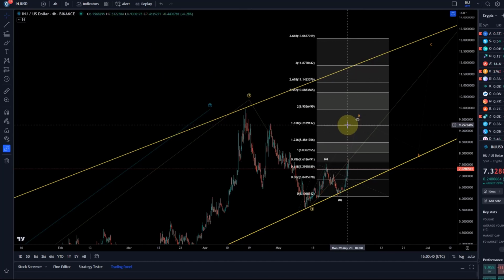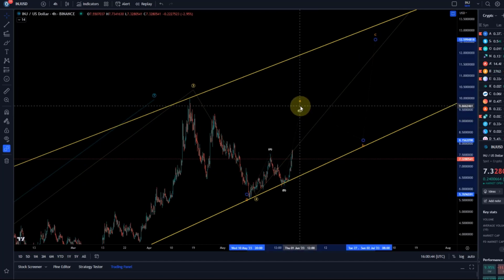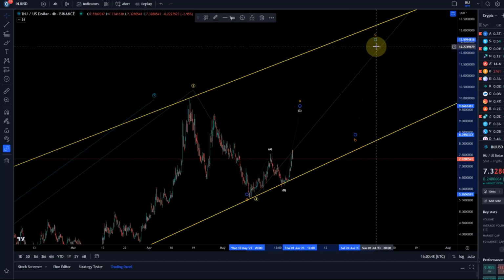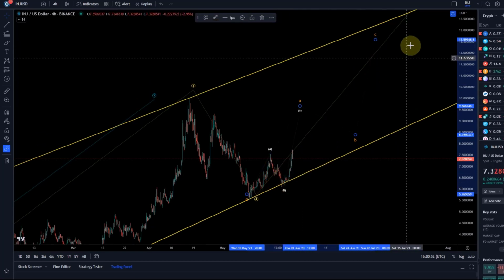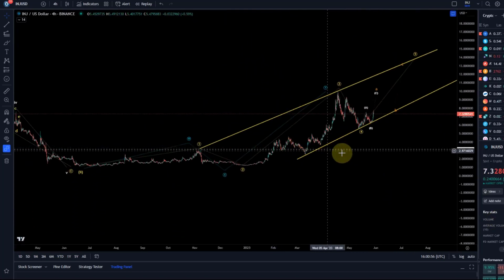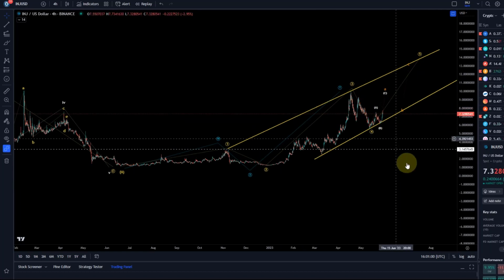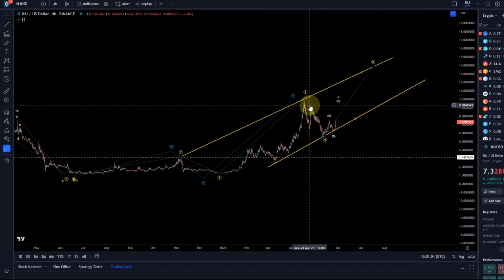That's certainly a level that is realistic to be reached. We would then look at a B wave pullback that could be quite deep and another C wave rally afterwards. But the condition is that it continues to make higher highs and higher lows here, or it will break the trend channel, which will logically break the trend and then most likely there is a potential that it will lead to new lows.